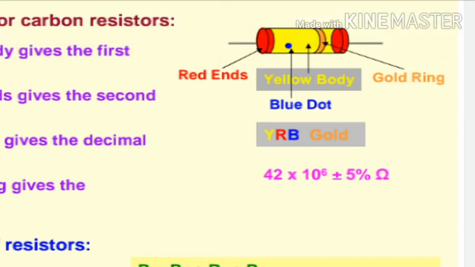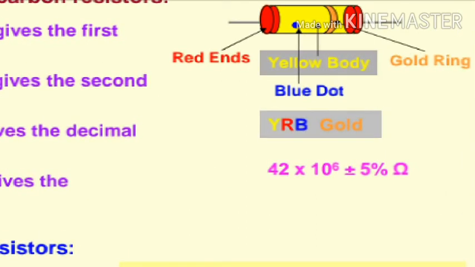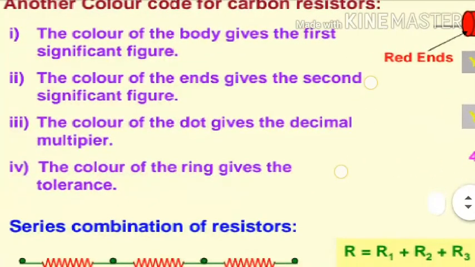So the resistance of this resistor will be: the value assigned for yellow is 4, for red is 2, and for blue is 6. So the resistance becomes 42 into 10 to the power 6 ohm, and the tolerance of the resistor is 5% because the color indicated on the surface of the resistor is gold. Okay, this is a simple method.